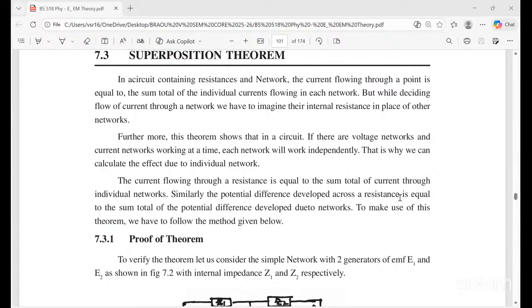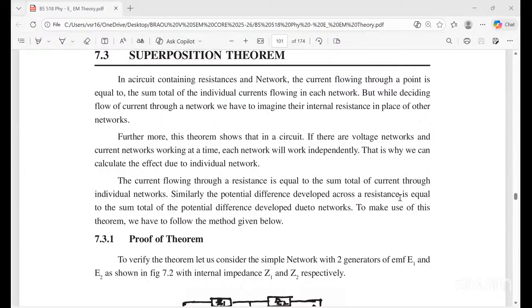But while deciding the flow of current through a network, we may imagine that the internal resistances take the place of the other networks. If there are voltage networks and current networks working at a time, each network will work independently. That is why we can calculate the effect due to the individual network.